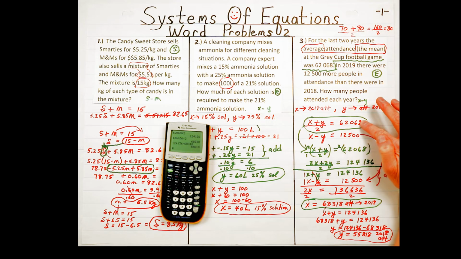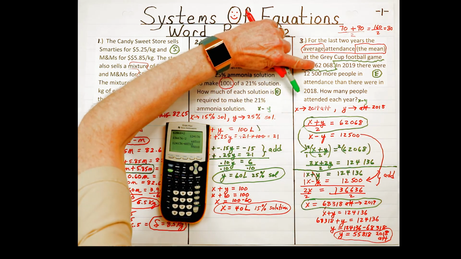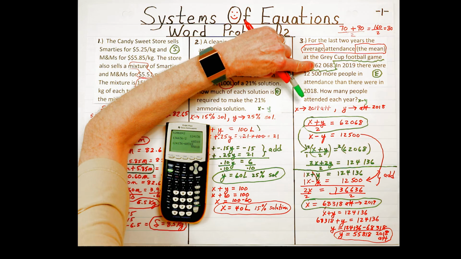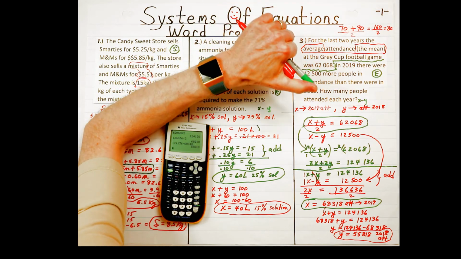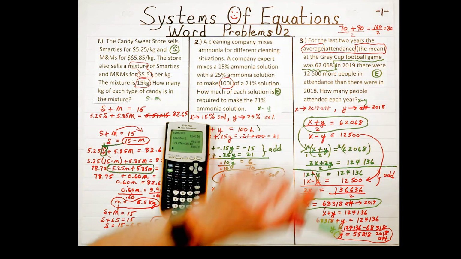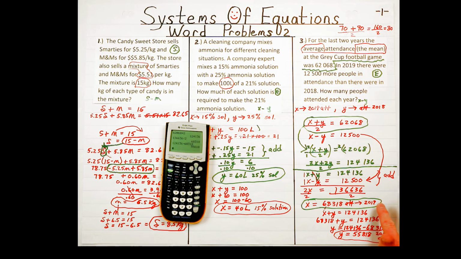62,068. Where did this number come from? It was given to us in the question. And we had to find out how many people attended each year. So we did. We found out 2019 attendance and 2018 attendance. I like that question, guys. The average was there. We had to decide between elimination and substitution.